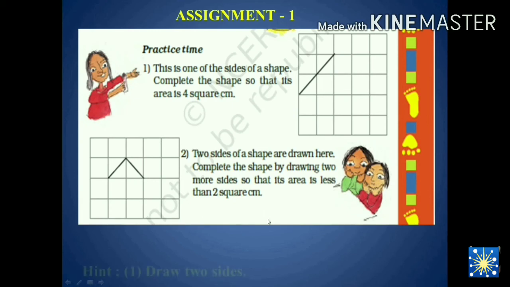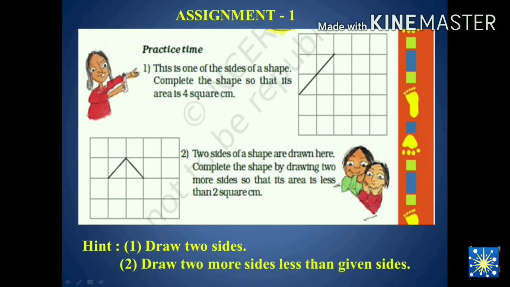To make it easy, I have given you hint. First hint is draw two sides. This is for the first question. And for second question, draw two more sides less than given sides.